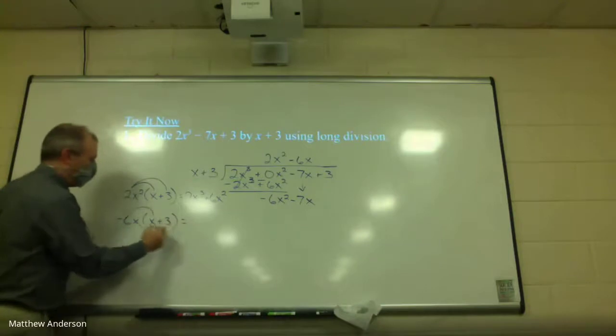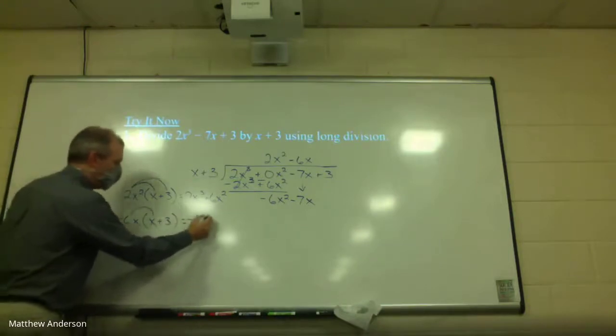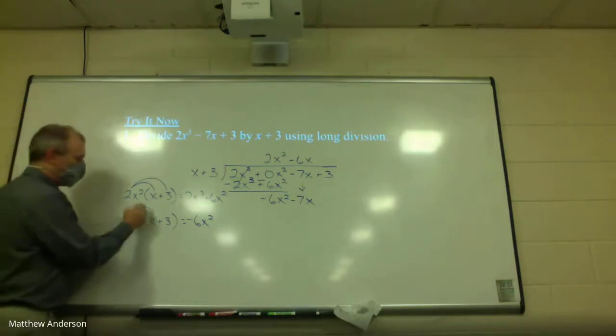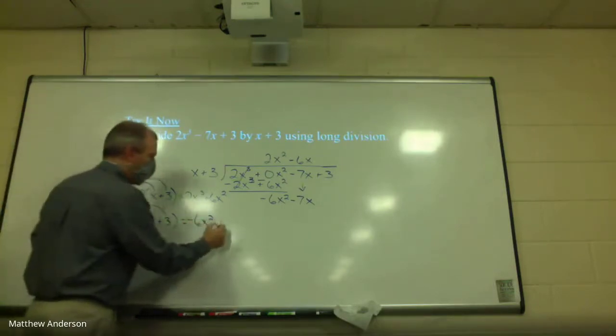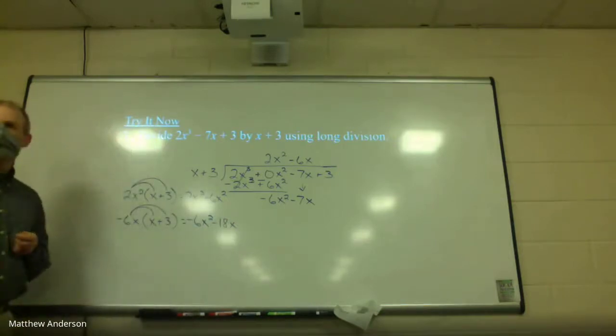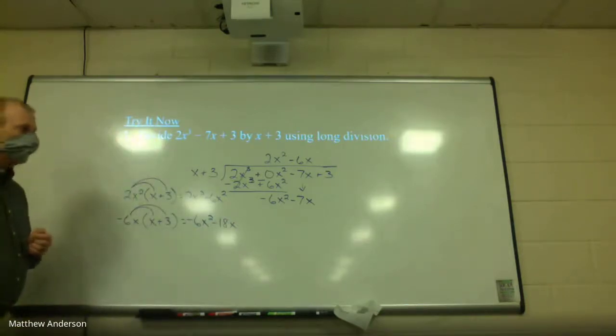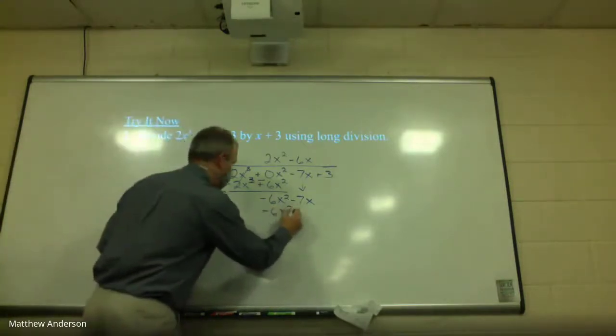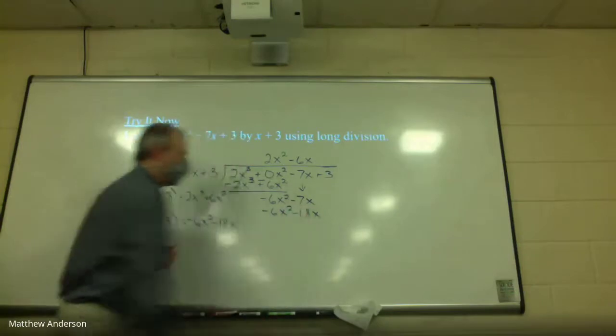So multiply that, we get negative 6x squared. And then negative 6x times 3, negative 18x. Okay? And again, we write that down under here, negative 6x squared minus 18x.